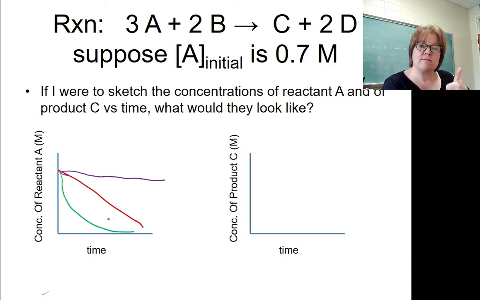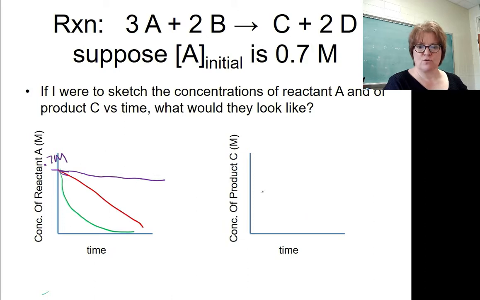I know it's going to decrease. I also know that if it started at 0.7 molar, it should start at 0.7 molar, and I know that it should end at 0. I might have to drag this out a long time to get to 0, but when the reaction is done, there should be none left. So I know some things about it.